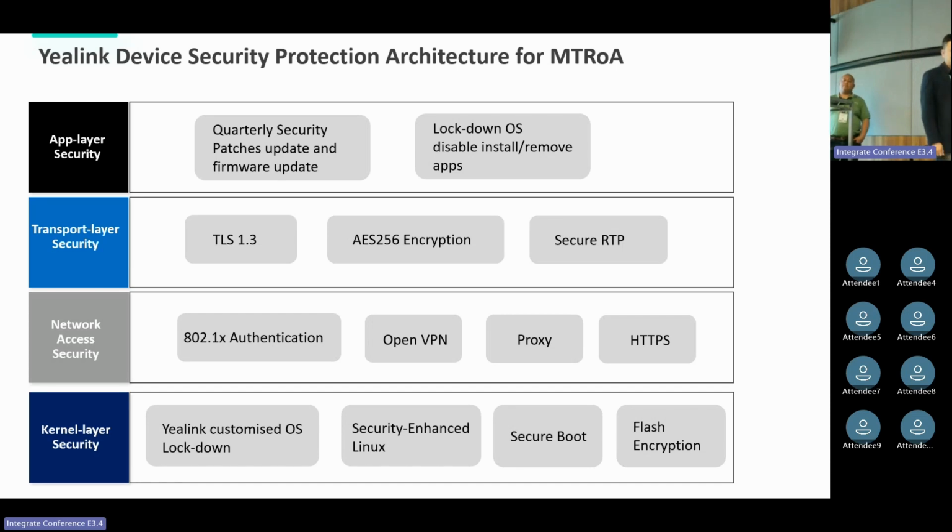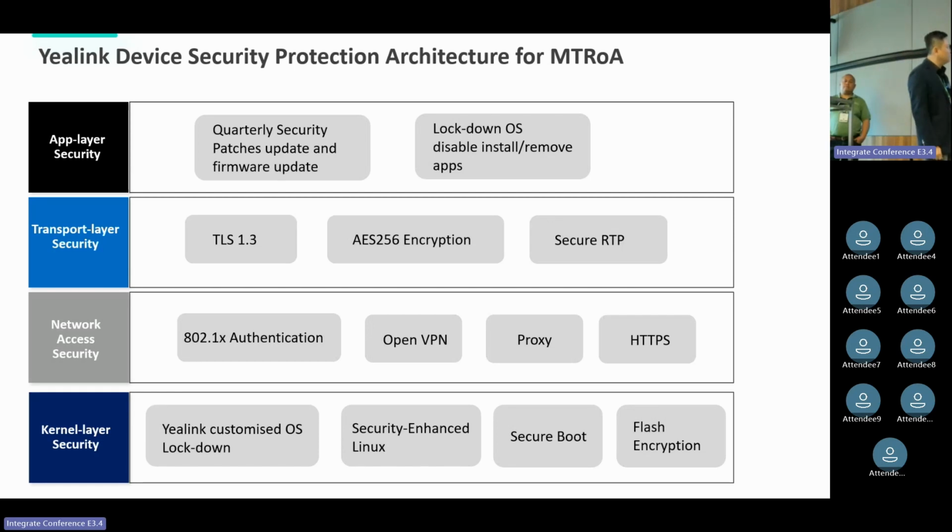Also HTTPS for the web page: if you want to configure the device simply, you use the HTTPS web to visit it. And also transport layer security. We use TLS 1.3, the latest protocol. For media encryption, we use AES 256-bit, and also secure RTP.